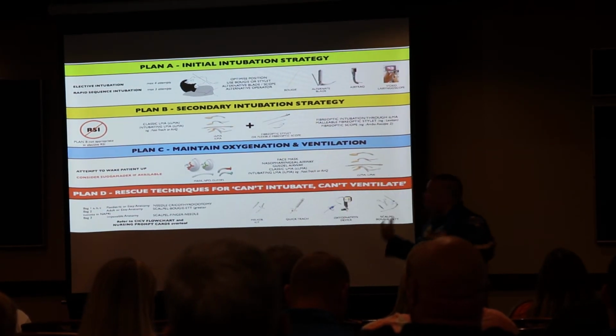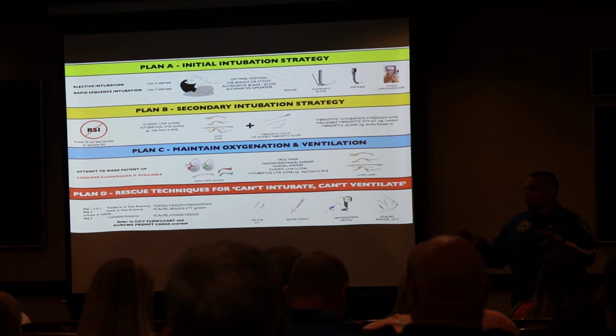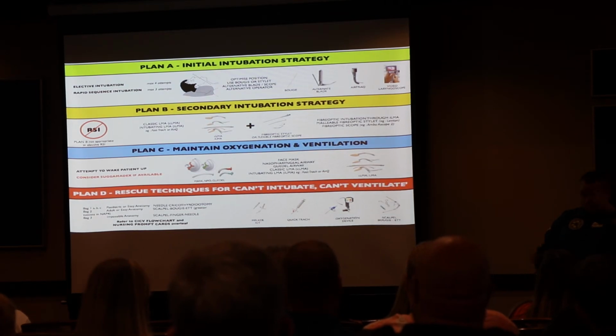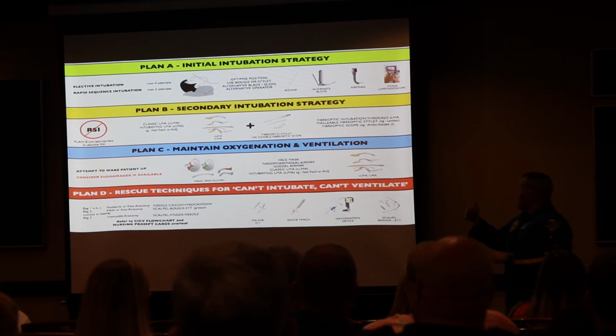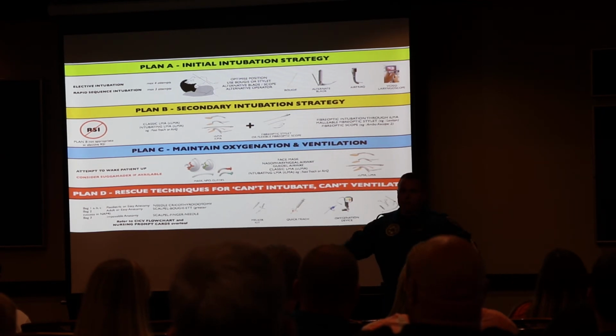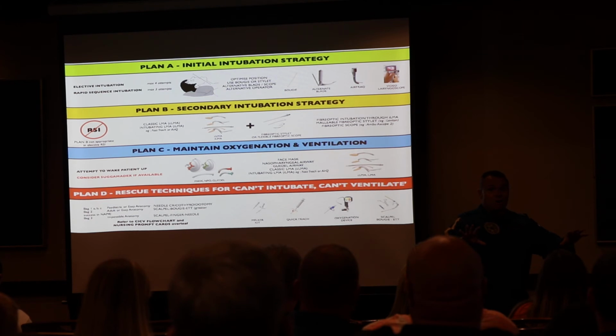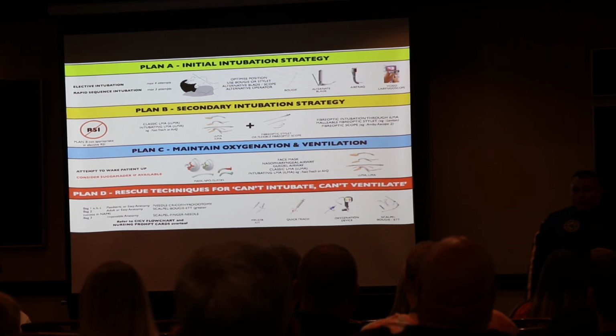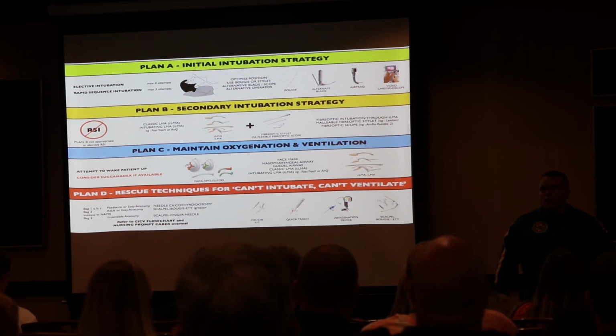So plan A is just our regular initial intubation strategy. Maybe we're going to do DL first, and then go to video, something like that. We're going to change some things, maybe blades, but that is our initial intubation strategy. If that doesn't work, what's next? Rescue airway. The emergency plan is not to RSI the person. You hear that, let's go to RSI.